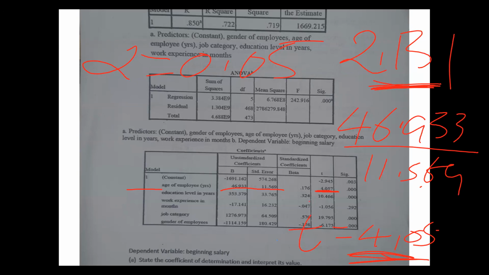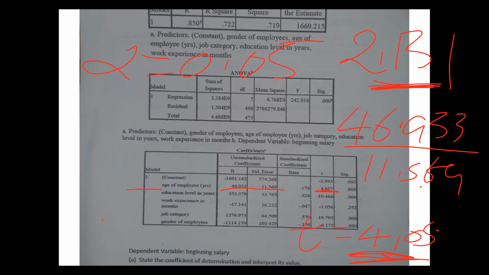In simpler terms, it means that the age of employees matters in influencing the beginning salary. That's how you interpret it.